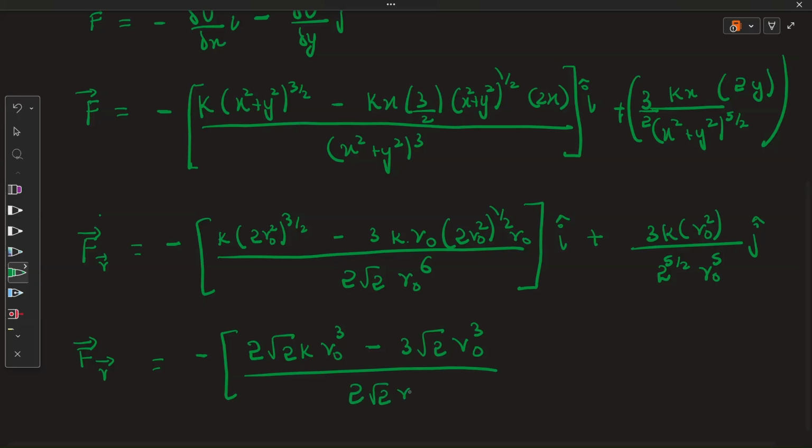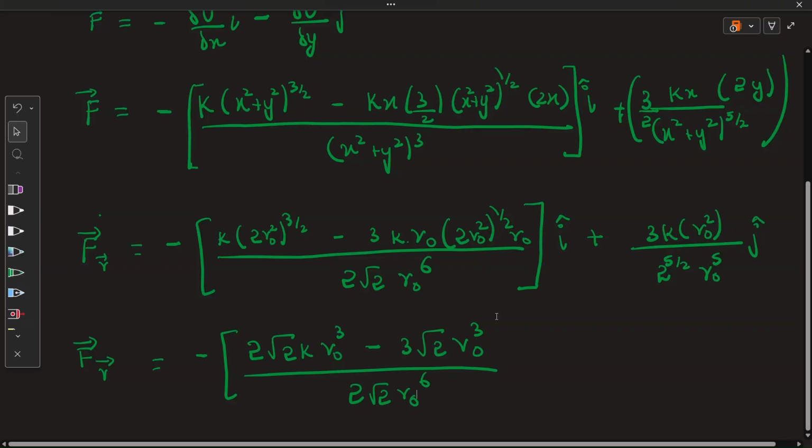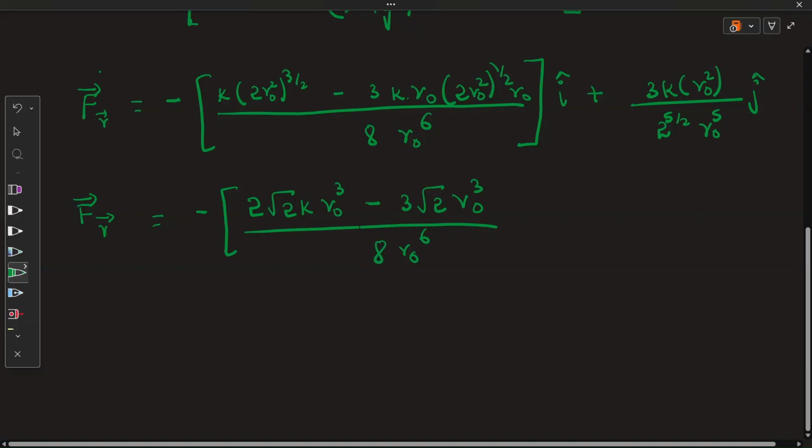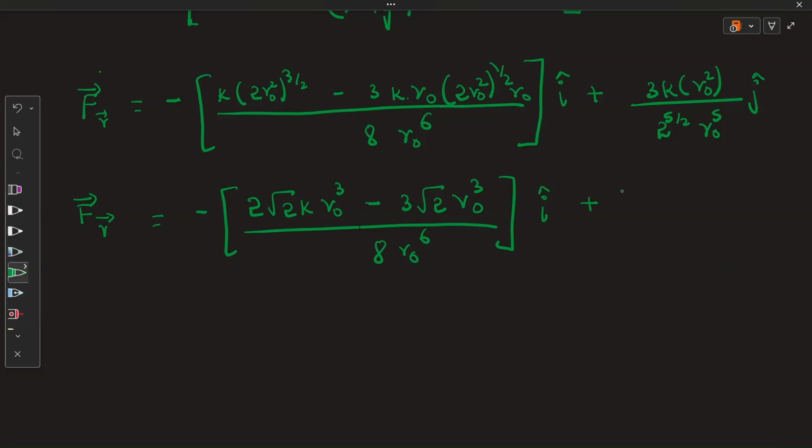Here what I get is 2 root 2 r₀⁶, and this would become 8 actually, i cap, plus 3 by 4 root 2 r₀³ j cap.